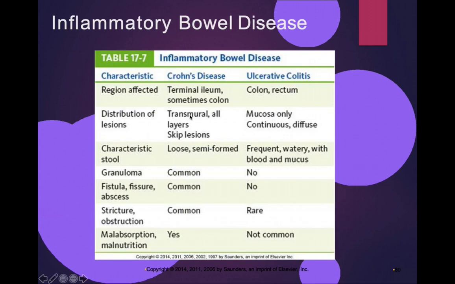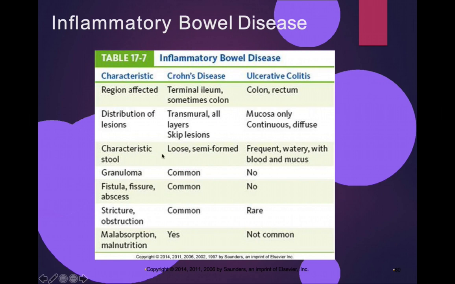This is a great comparison between Crohn and ulcerative colitis. If you look at the region affected with Crohn, you're looking at the ileum, with ulcerative colitis, rectum and colon. In terms of distribution of the lesions, you have these skip lesions. With the ulcerative, it's the mucosa only.